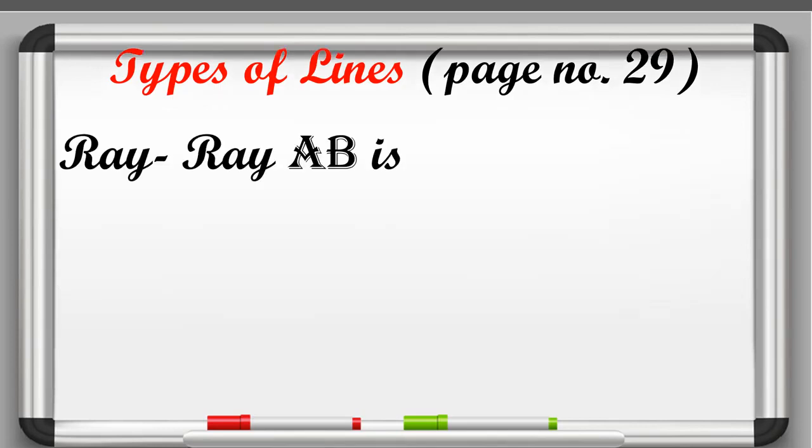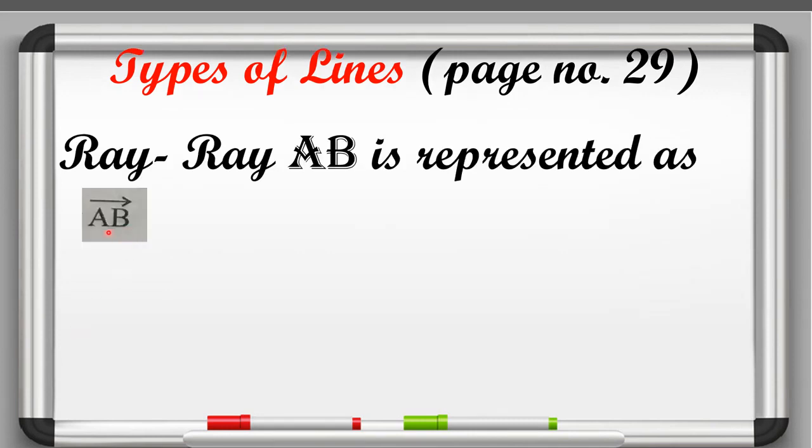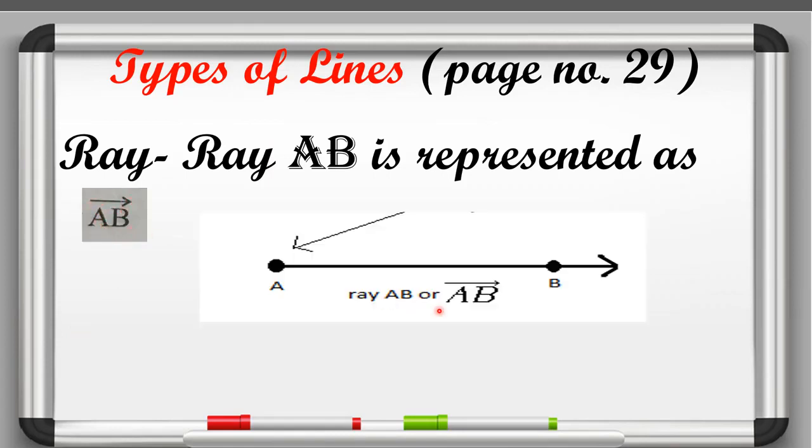Now ray AB is represented like this, AB, and above AB we will make an arrow. Here you can see in this figure that A is the starting point, and this is a ray. It means A is the starting point.